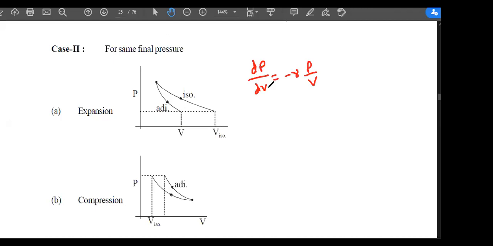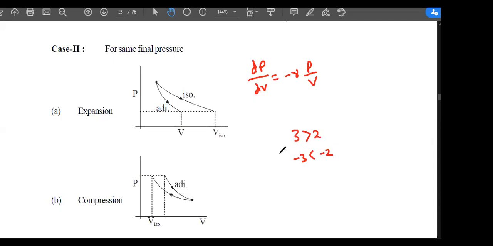So I can say that in one case it will be more than that of the isothermal, and in one case it will be less. Because we know that 3 is greater than 2, but minus 3 is less than minus 2. That's what will happen here, right? Everyone got this concept?